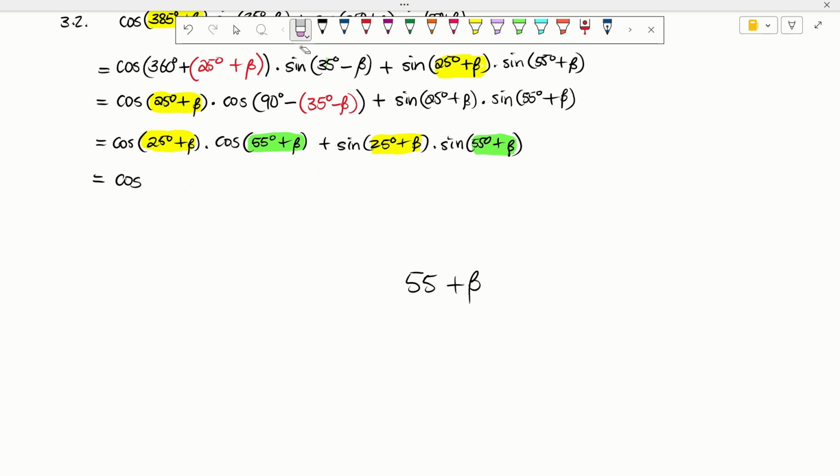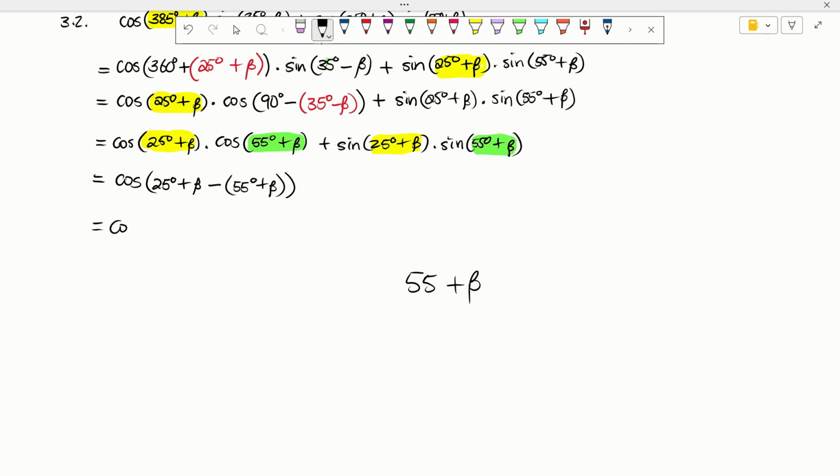So it's cosine of the first thing, 25 degrees plus beta, minus the second thing, 55 degrees plus beta, close bracket. So I just had alpha minus beta. If this is alpha, this is beta. I think that makes sense to you all. If it doesn't, then just let me know. I'll re-explain it to you.